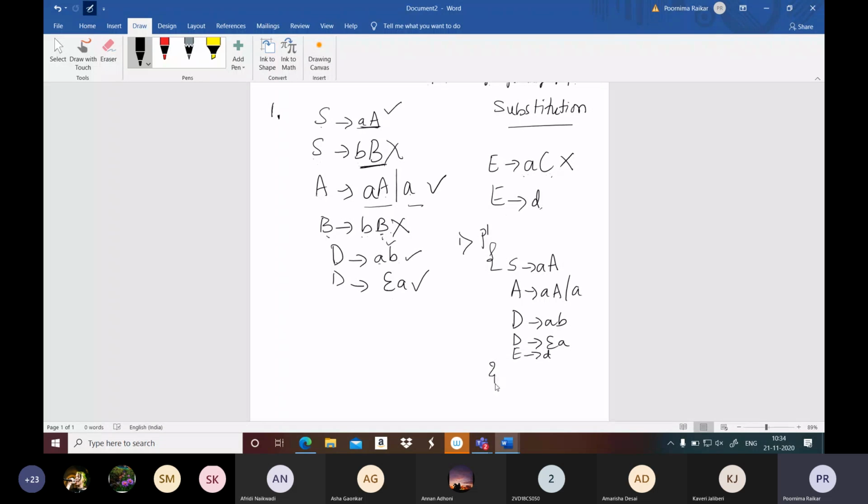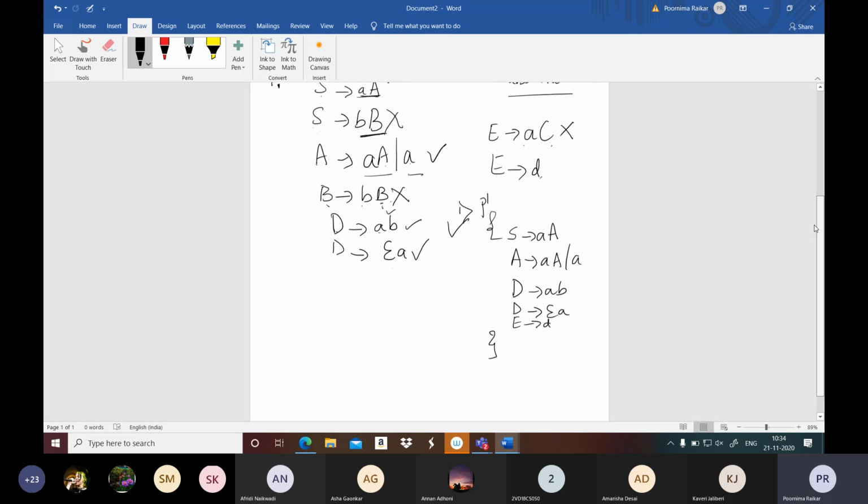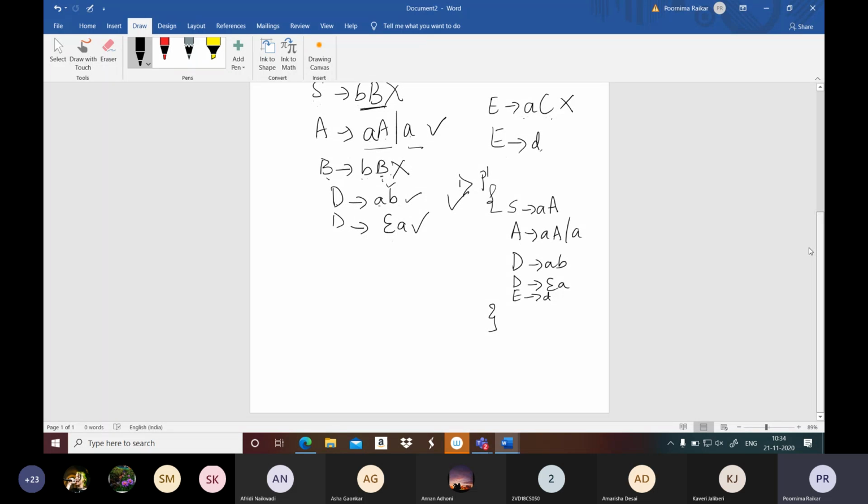So this is my first step for removing useless productions. First you identify all those variables which tend to terminal strings.